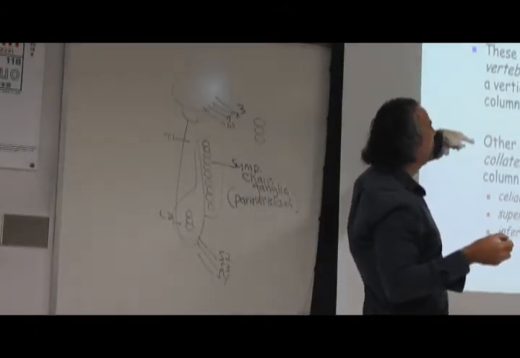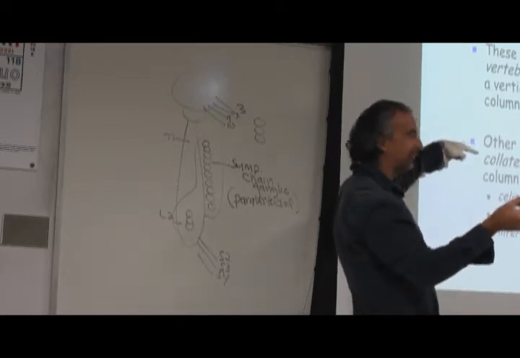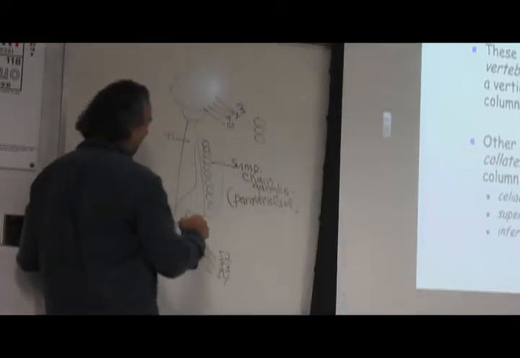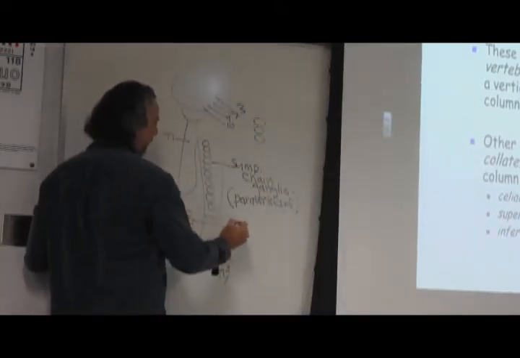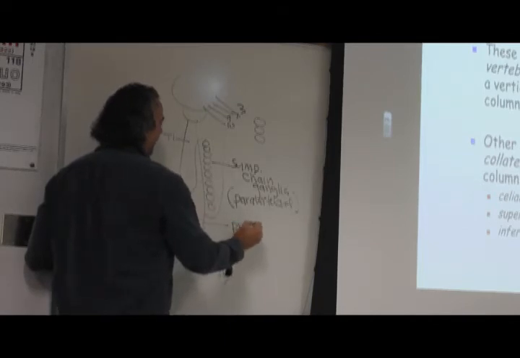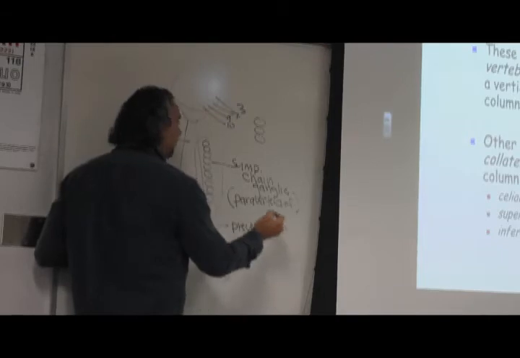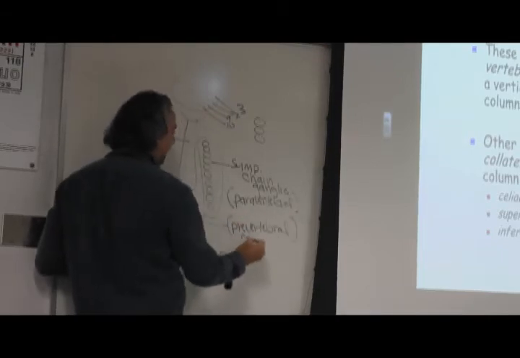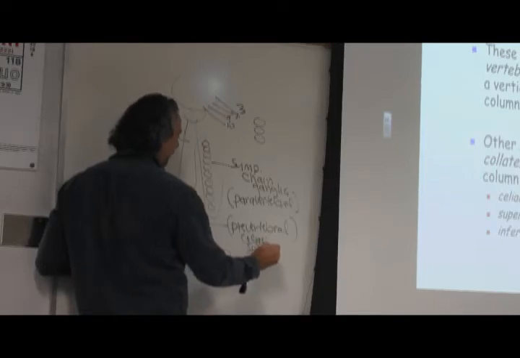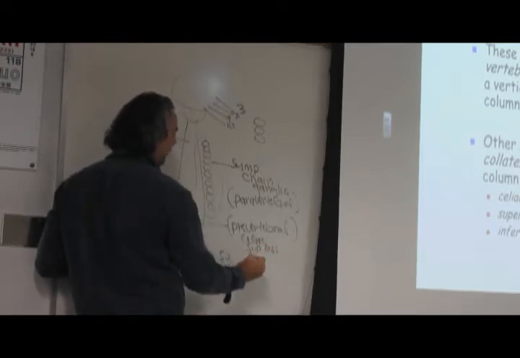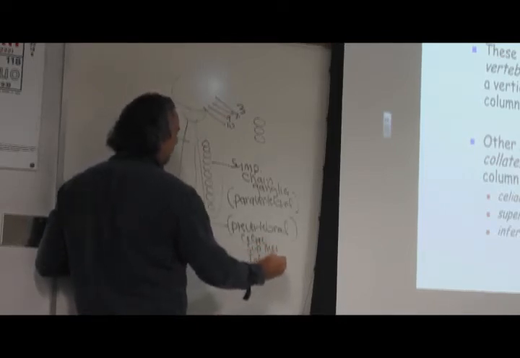And then what else do I have? I have prevertebral ganglia. So those are these little guys over here. The celiac, the superior and the inferior. Exactly. So my little prevertebral ganglia, of which we have the celiac, the superior mesenteric, the inferior mesenteric.